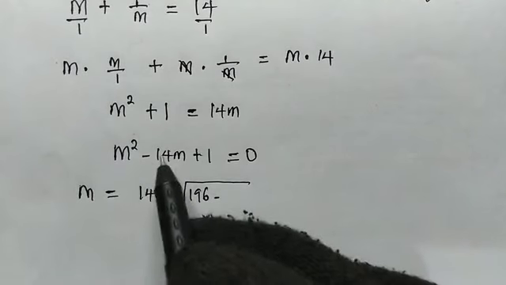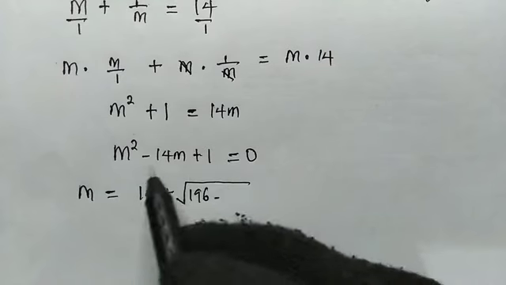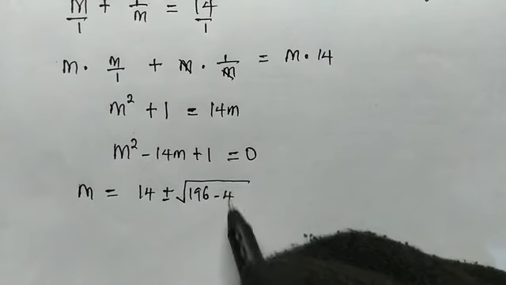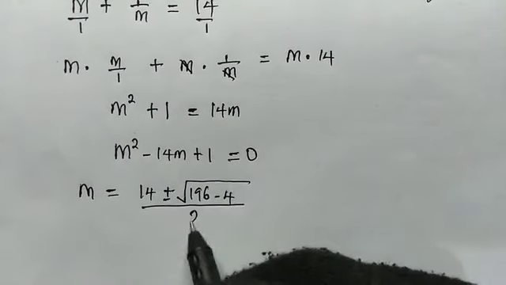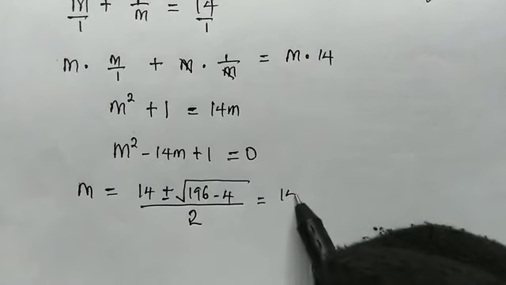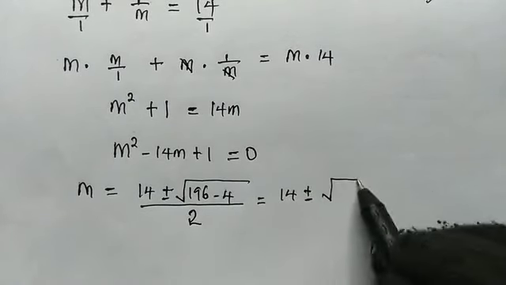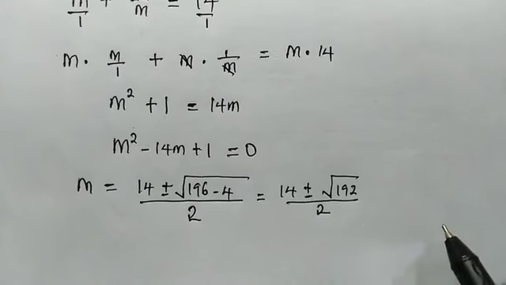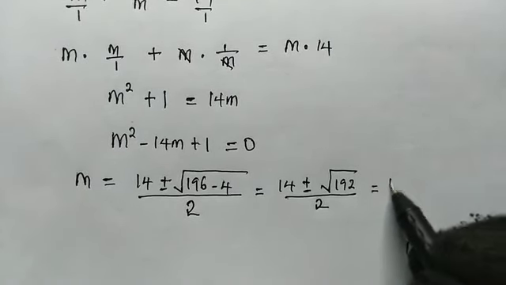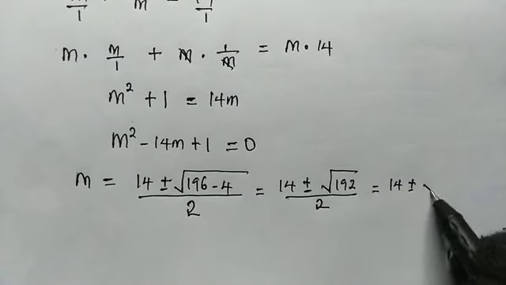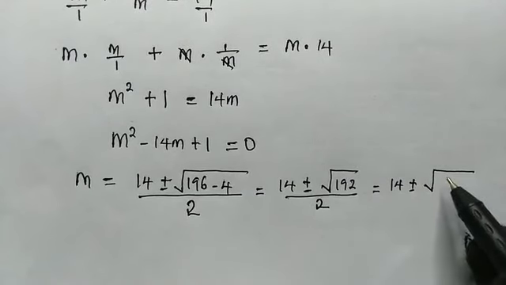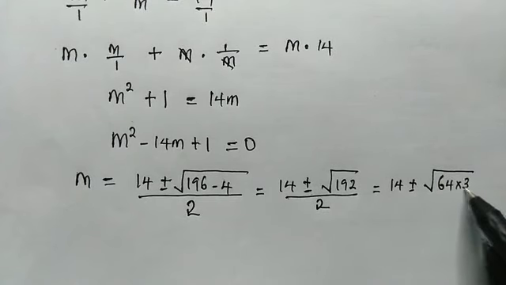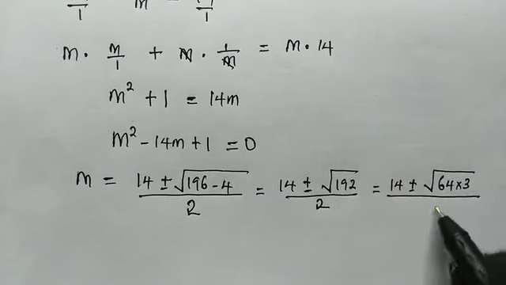Remember b squared is negative 14 squared, and because the power is even, we expect a positive outcome. Simplifying, we get 14 plus or minus the square root of 192, divided by 2. 192 is the same as 64 times 3, hope I'm not getting it wrong, then divided by 2.